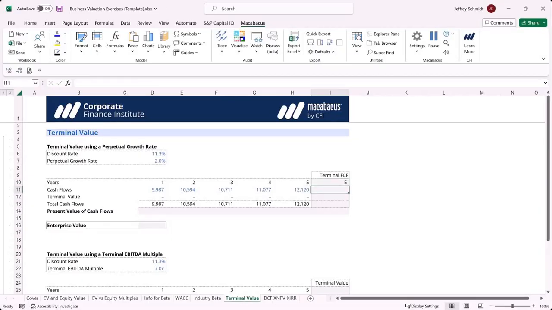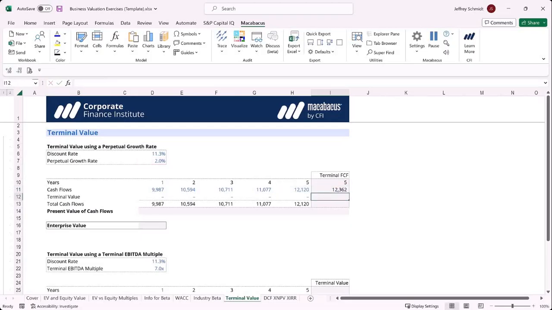And of course, you can see right here we have our discount rate and our perpetual growth rate. We need those. So we'll take our year 5 cash flow and we're going to grow it at that perpetual growth rate of 2% in this instance.